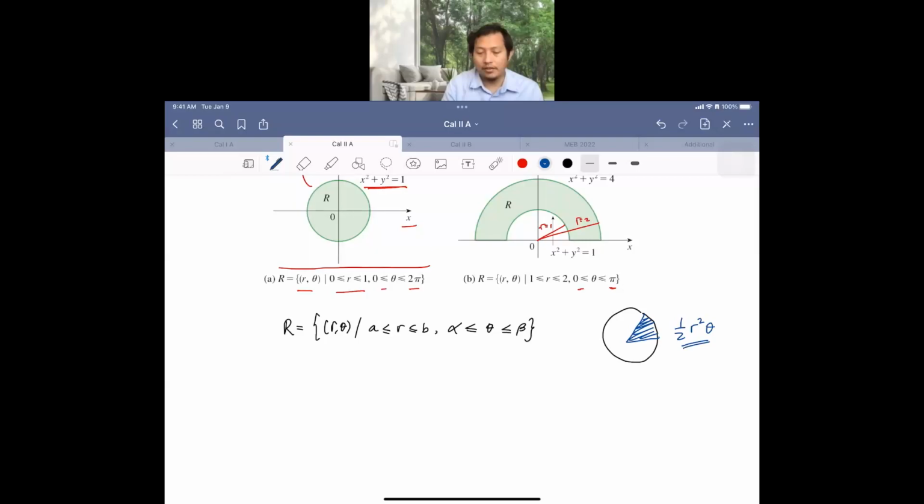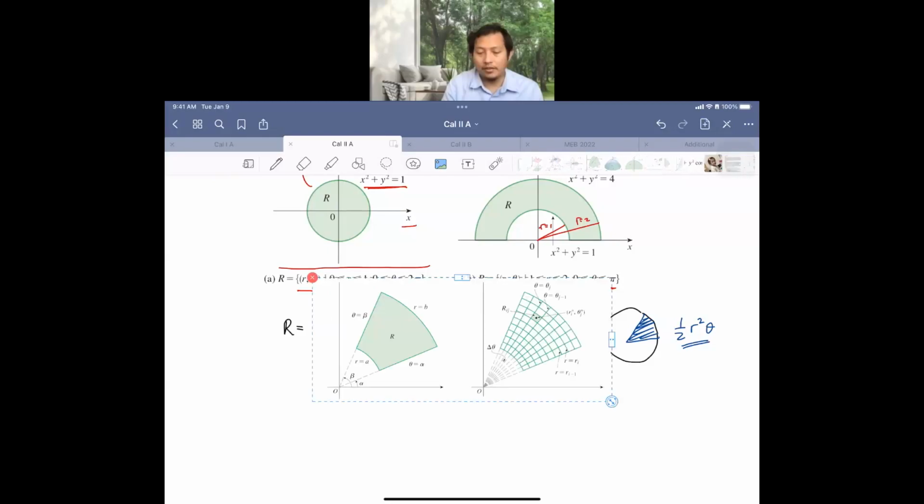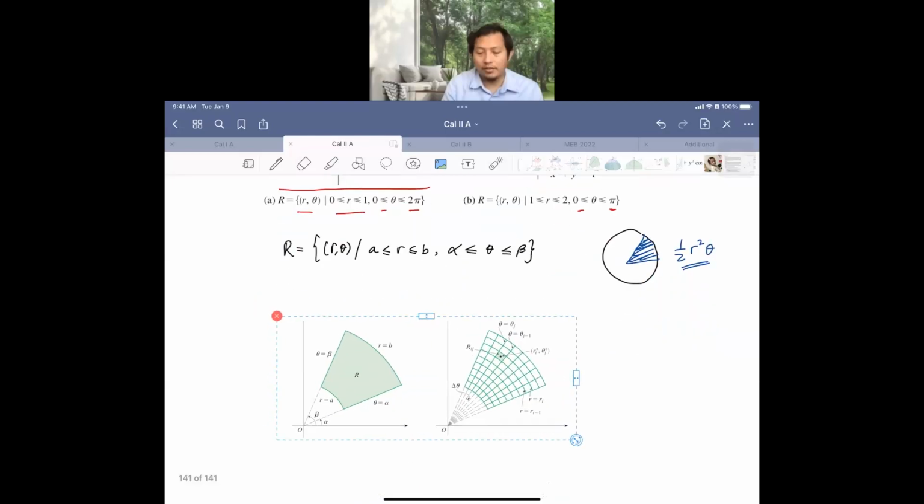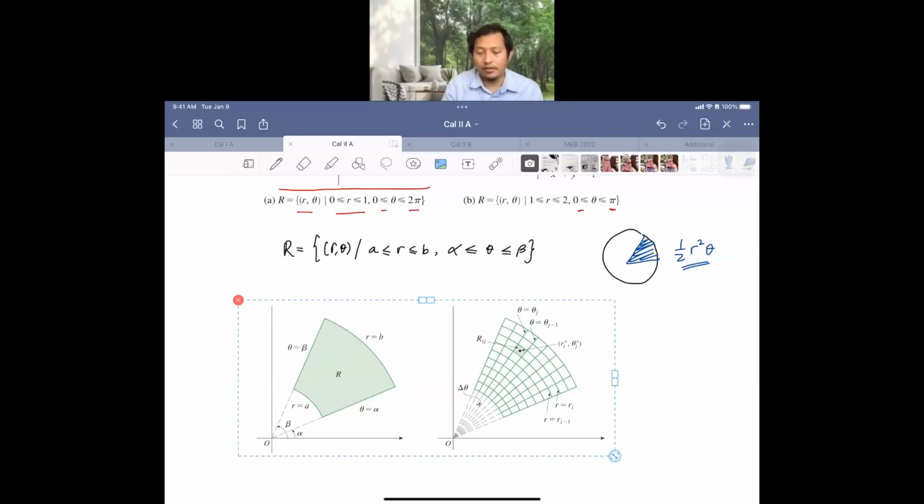And now let's draw first what we could have, maybe make it a little bit bigger.